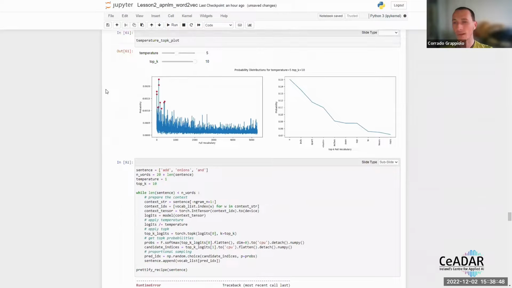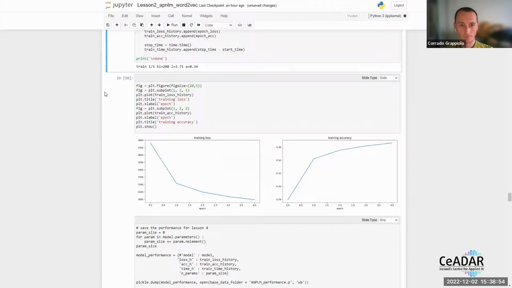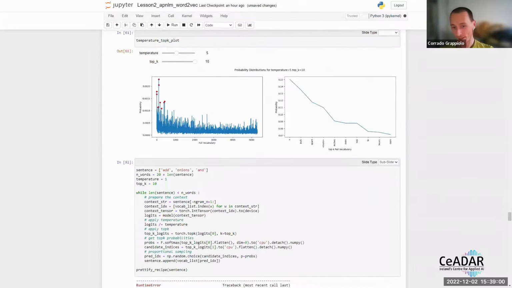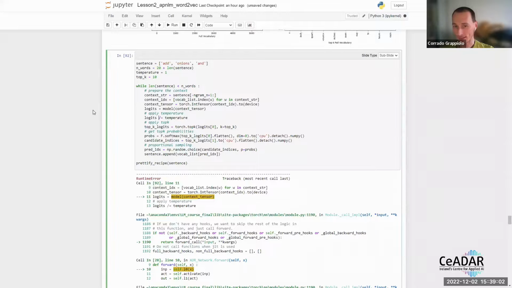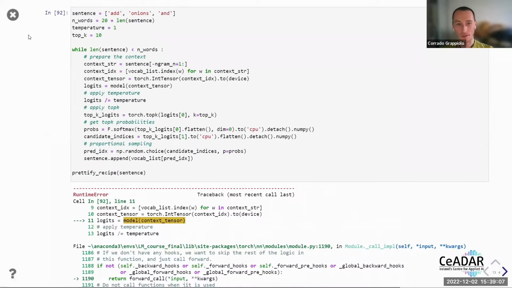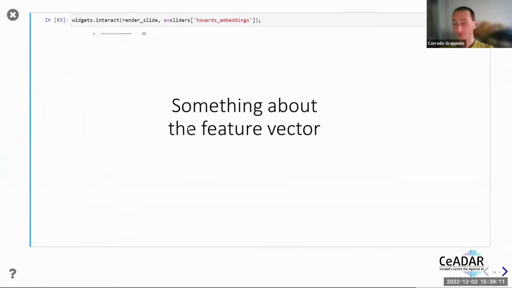In the meantime that we wait, are there any questions? Everything is clear. Okay, well, I'll continue, and then we can have a look at how words are being generated. Because what I would like to talk about, and we are transitioning to the next topic, is the feature vector. So let's have a look into it.